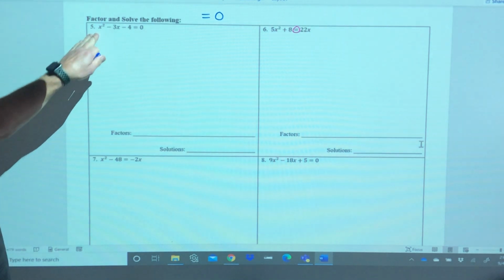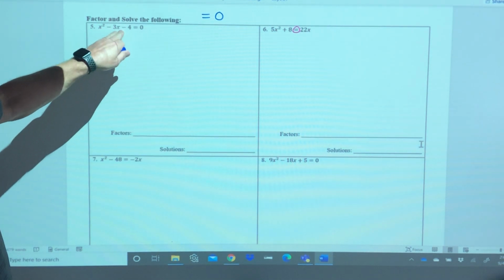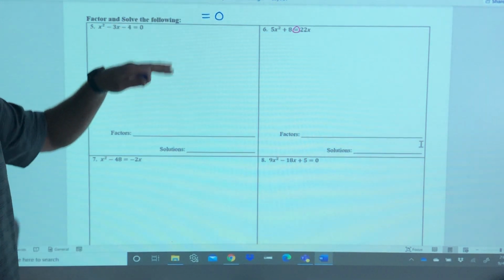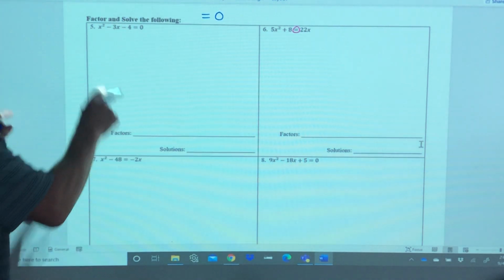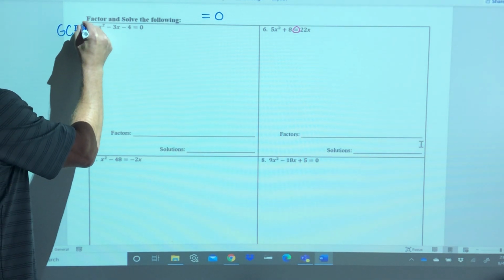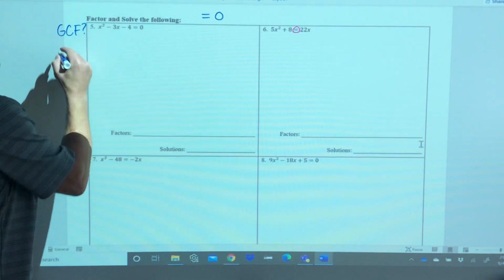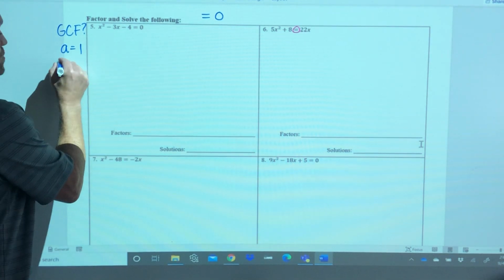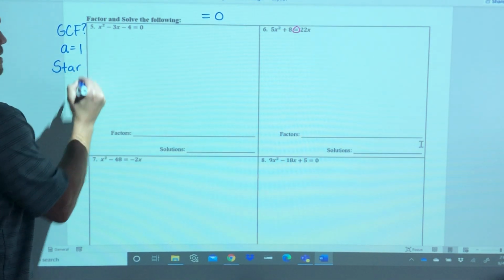So if I look at this, I have x squared minus 3x minus 4 equals 0. This is equal to 0. I can move forward. Is there a GCF? First question. No. Is a equal to 1? Yes. So we're going to use the star method, okay?